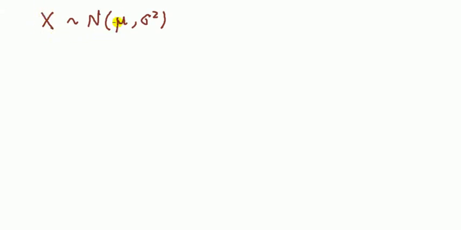So that's why here, notice I've got mu, which typically you would call the population mean, as opposed to something like x bar, which is the sample mean, right? And this is sigma squared, which you typically call the population variance, as opposed to, say, s squared, which is sample variance, right? So it's not done accidentally. I put mu here instead of x bar. So that's the first thing to note.